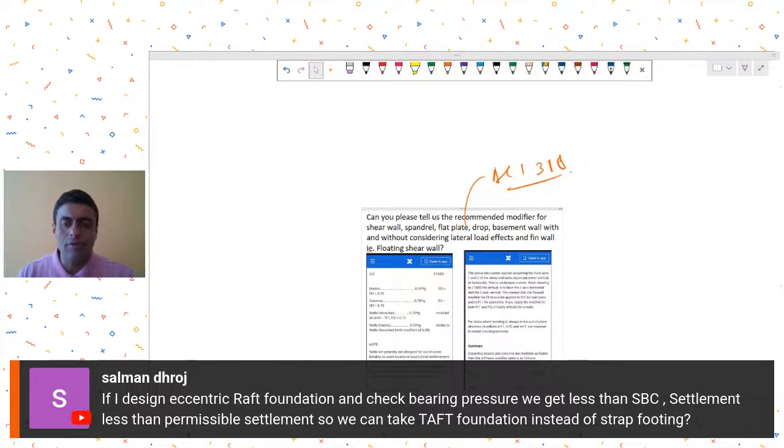For checking uplift, let's say if you are checking in SAFE, you see if there is any positive pressure in your raft or footing. If there is positive pressure in your footing or raft, it indicates there is uplift. You cannot allow uplift in your foundation. So that is the problem of doing eccentric footings. So you need to resolve that. Unless you do resolve it, you won't be able to.